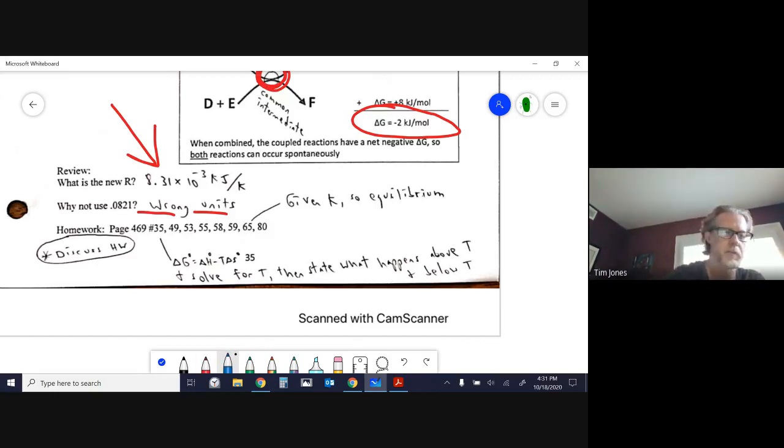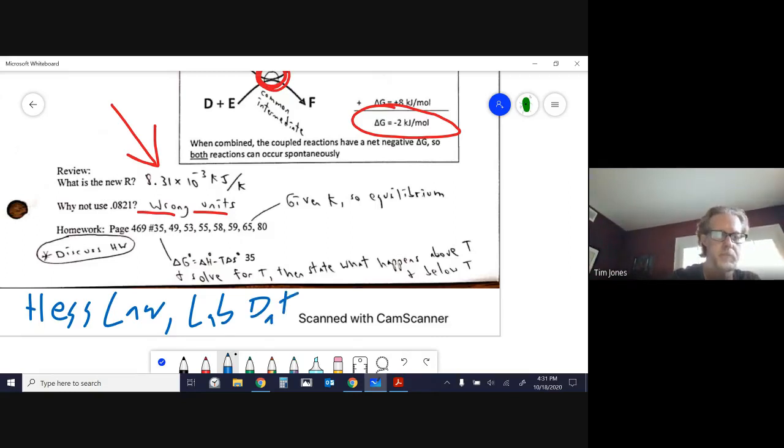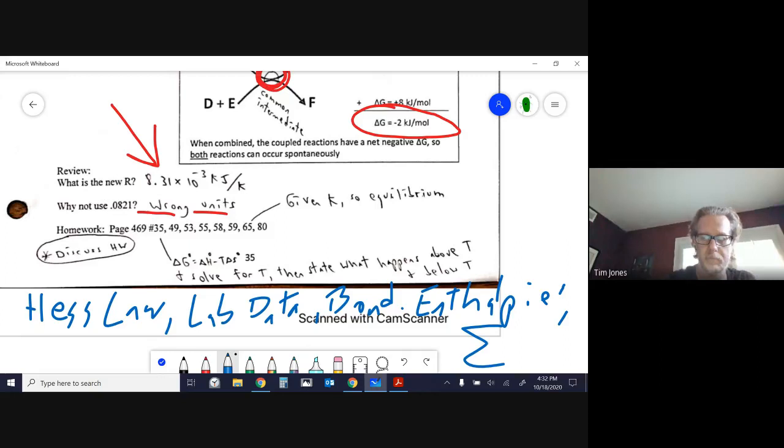For example, to solve for delta H, you can use Hess's law, or you could use lab data, or you could do bond energies, bond enthalpies, would be a better word. Or you could do summation, or you could use the master equation. I'll just say master equation.